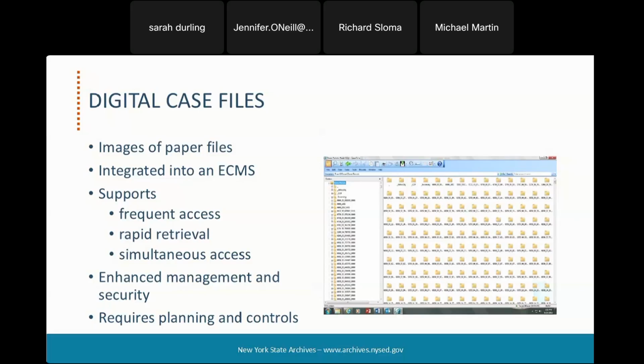And they want to simply scan all of these case files. We've told them that's not solving any problem. The records are not well managed in their paper format. Scanning them's not going to help it. Also, the records are essentially inactive. They're very infrequently accessed, so it doesn't make sense to scan them. Instead, we've recommended that they simply box them up, send them off to inactive record storage.